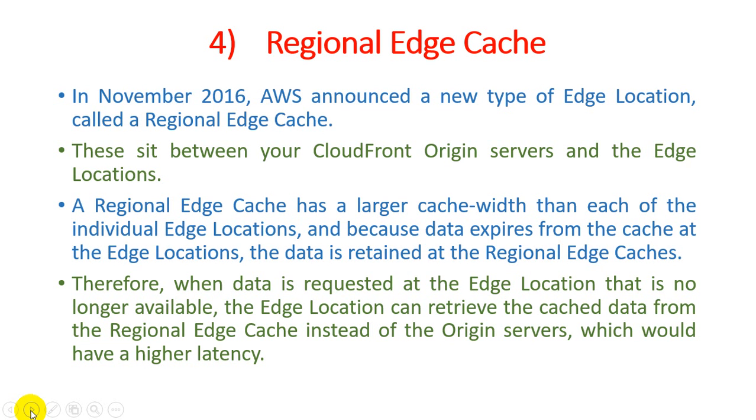It is nothing but a regional edge cache. So these are the four components which we are discussing in terms of AWS infrastructure, which has a 33% share in the current market. Guys, first we will discuss the availability zone. In an availability zone, we will discuss multiple data centers within the availability zone.